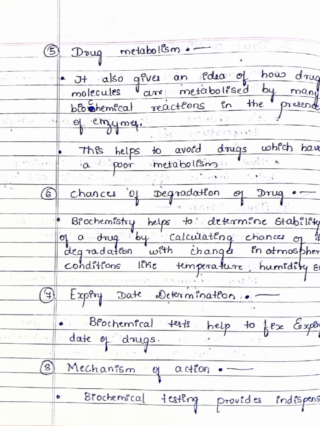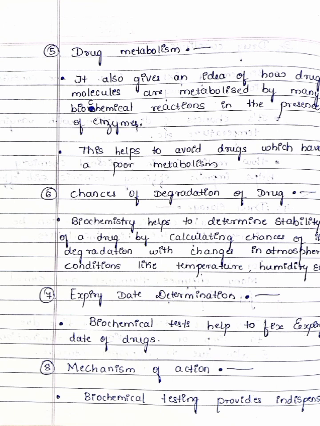Fifth, drug metabolism. It also gives an idea of how drug molecules are metabolized by many biochemical reactions in the presence of enzymes. This helps to avoid drugs which have a poor metabolism. Sixth, chances of degradation of drug.